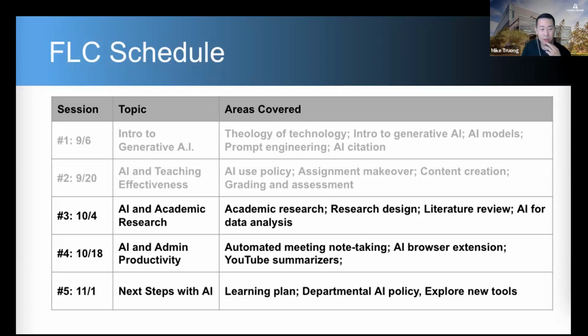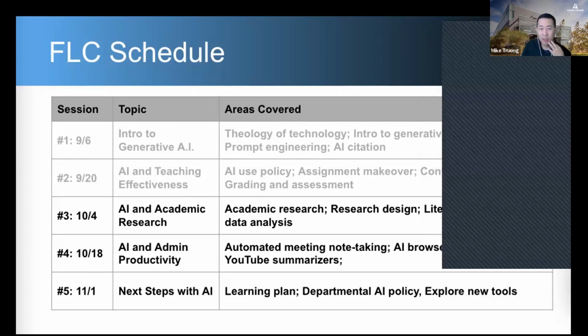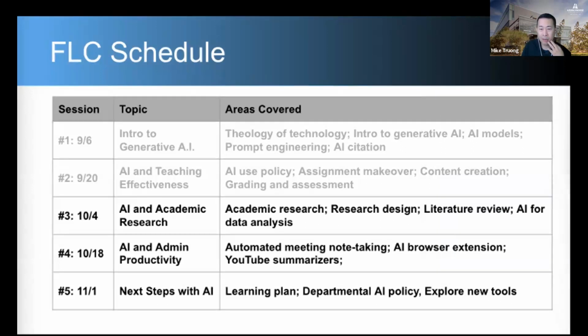And then today we're going to focus on using these tools for academic research and design and literature review and data analysis. But I maybe just want to give everybody an opportunity to put in chat one or two things that you have done, either related to session 1 or session 2, that you want to share with others. I want to say you're proud of, but it doesn't have to be that great. Just something that you have been able to do in your own time since our last session.